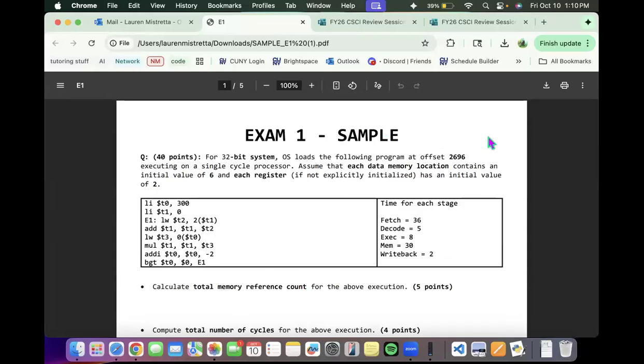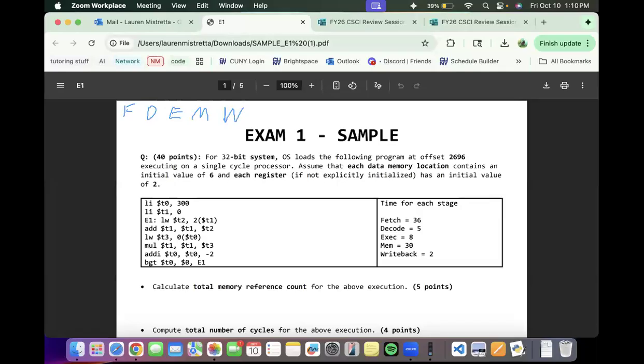So first things first, a lot of this exam is going to be going over the different states of processing. When an instruction comes in, you want to make sure that you're familiar with the different steps that it goes through. You probably are familiar with fetch, decode, exec, mem, and write back.